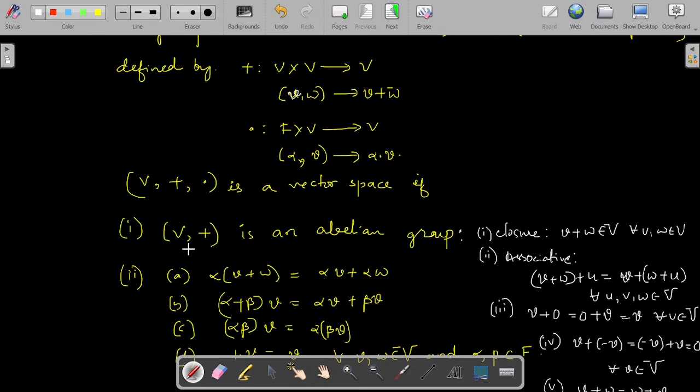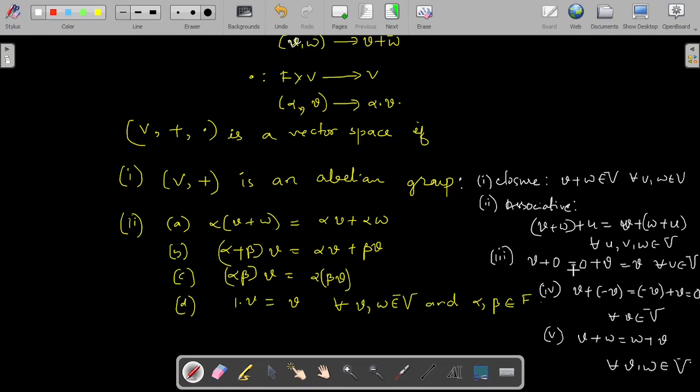The first one is that V under vector addition is an abelian group. So, elaboration is written here. What is an abelian group? Abelian group with respect to addition. Therefore, it should satisfy closure law with respect to addition: v plus w belongs to V for all v, w belongs to V, and associative law: (v plus w) plus u is v plus (w plus u) for all u, v, w belongs to V. Then existence of identity: 0 is the identity element with respect to vector addition.